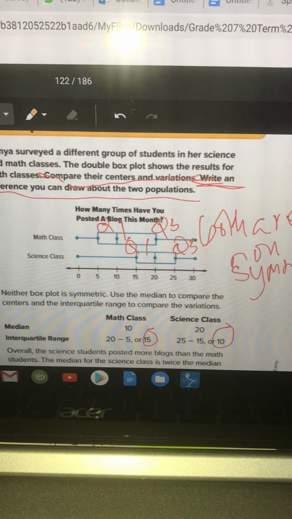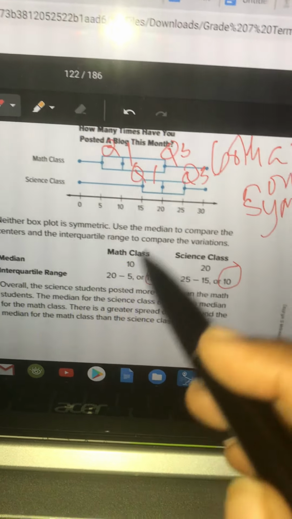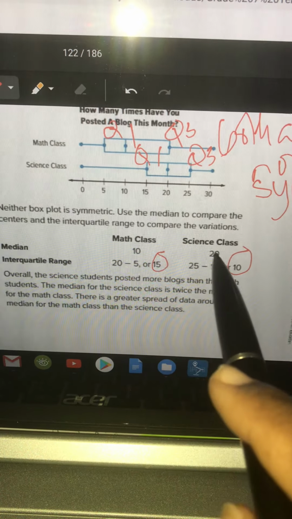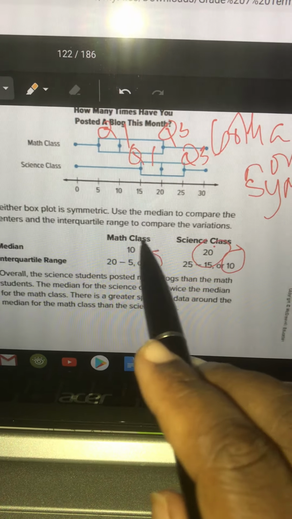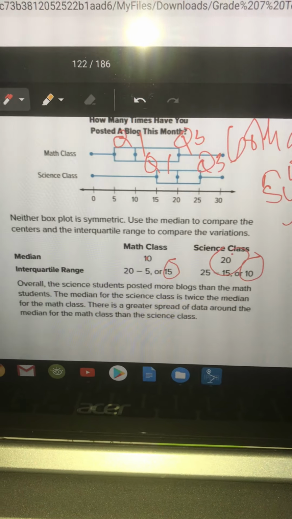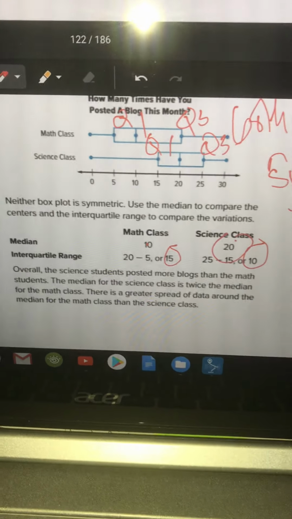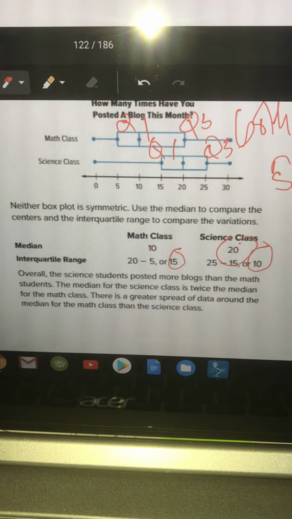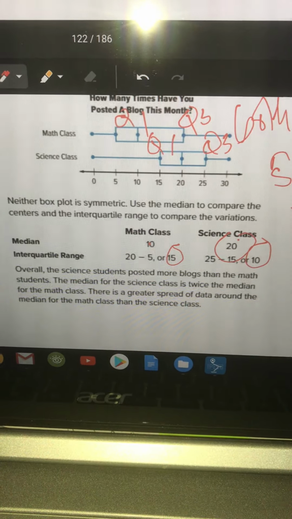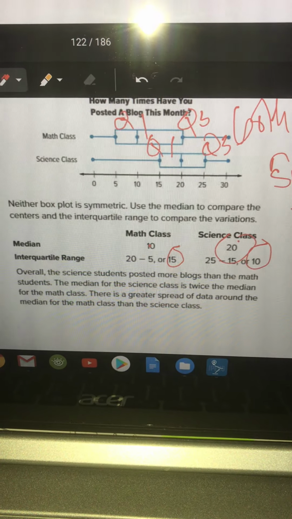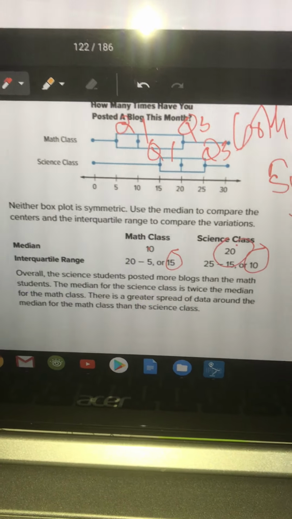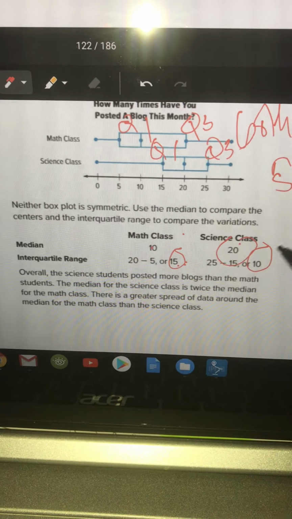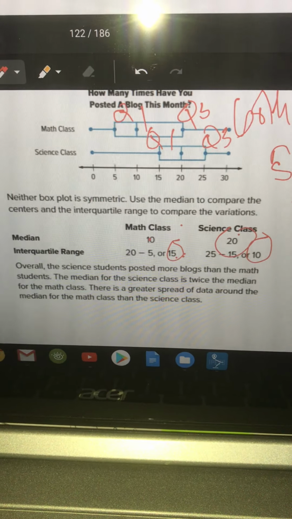So we are comparing: the median for the science class is twice the median of the math class. And the interquartile range is greater for math because 15 is greater than 10.